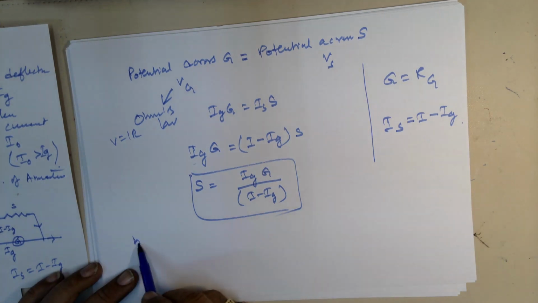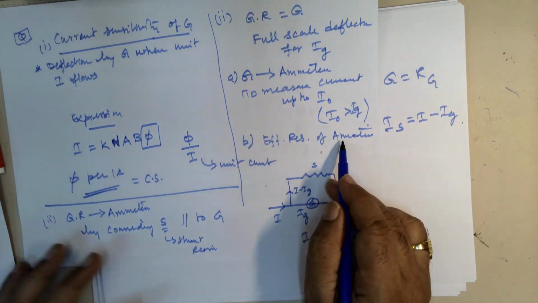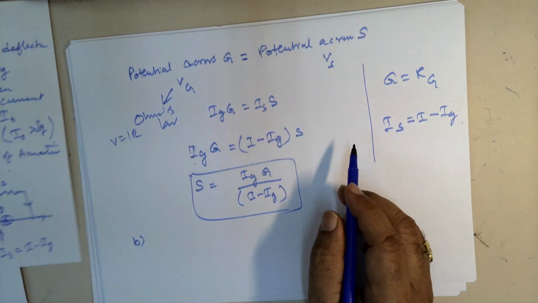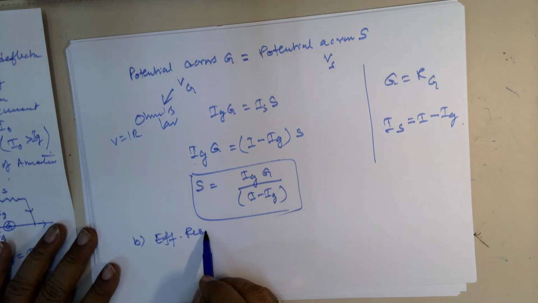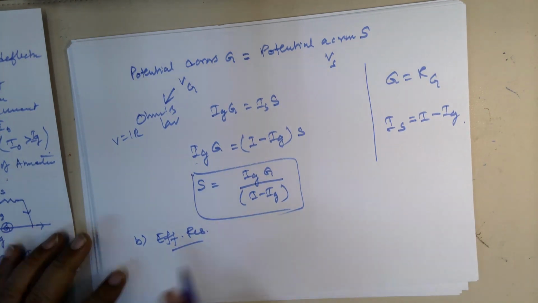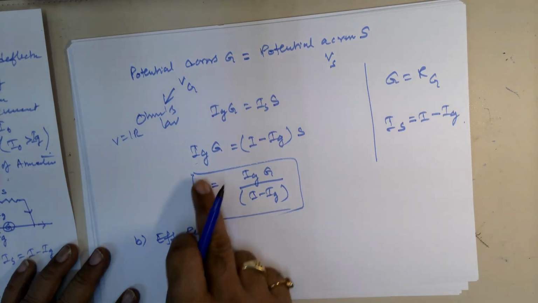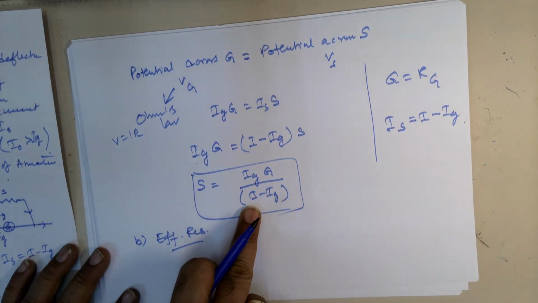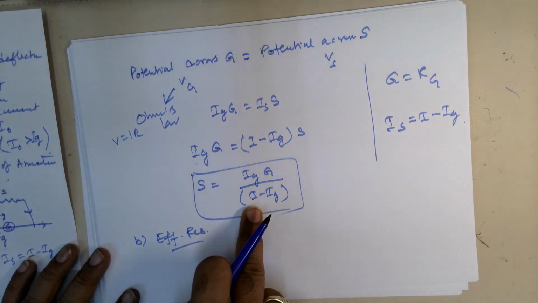What is asked in B? The effective resistance of the ammeter, the so-called ammeter. In fact, with the help of this one, we can find out the I. What is the purpose?